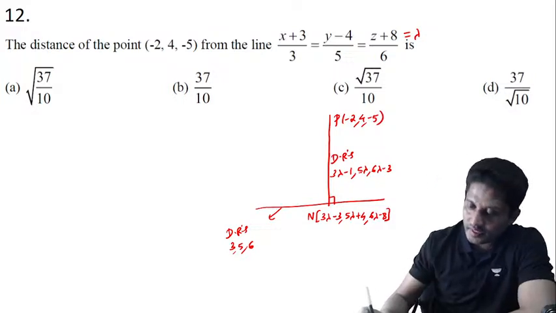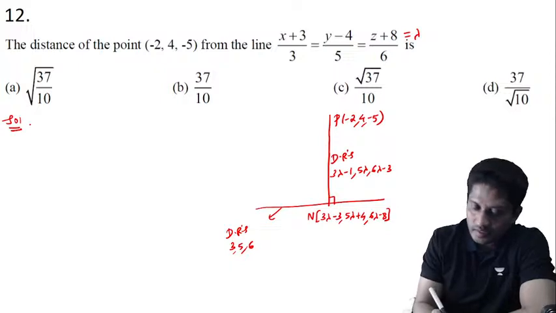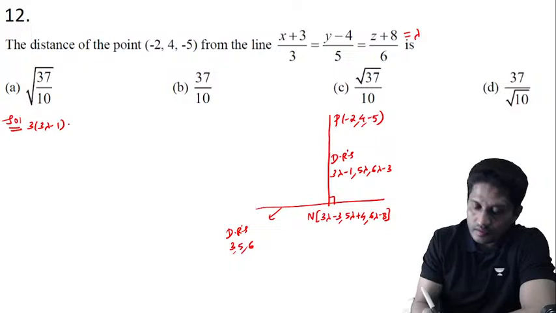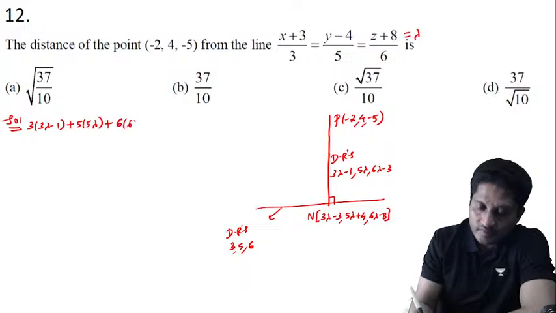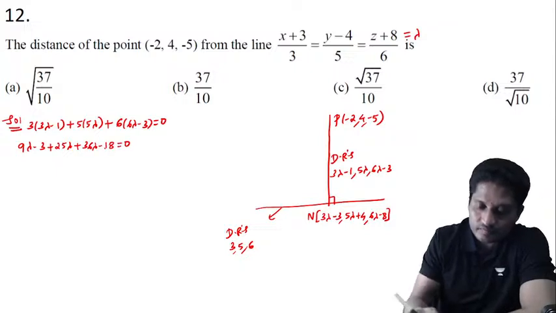Okay, now if I multiply the DRs, I get the value of lambda. That is, you get 3 into 3 lambda minus 1 plus 5 into 5 lambda, and then 6 into 6 lambda minus 3 is equal to 0. So this is 9 lambda minus 3 plus 25 lambda plus this 36 lambda minus 18 equal to 0.